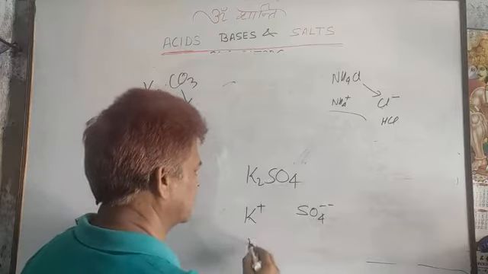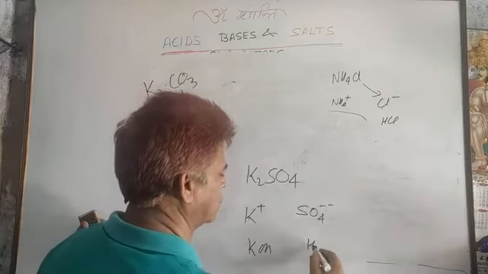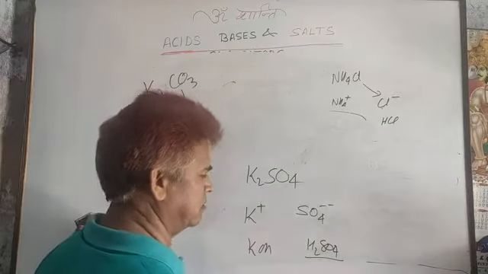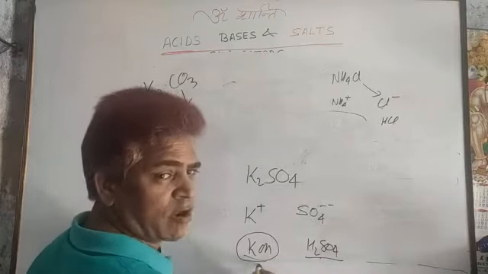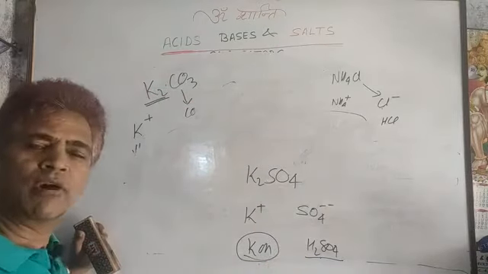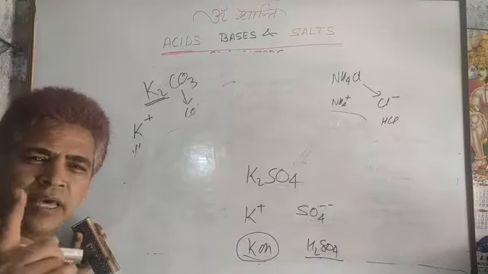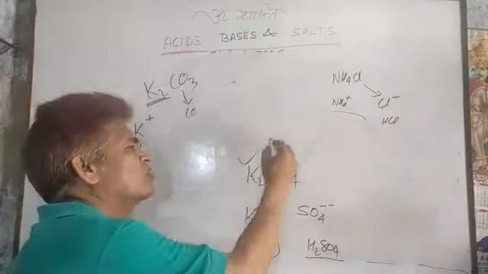This potassium comes from potassium hydroxide and this acid radical comes from sulfuric acid. Here sulfuric acid is a stronger acid and potassium hydroxide is a stronger base. So, both are stronger. If acid and base are both stronger, the resultant salt comes under the normal salt. So, this is the normal salt.